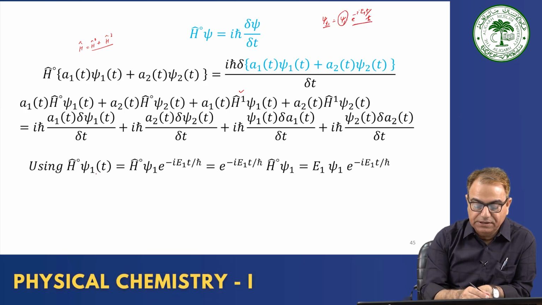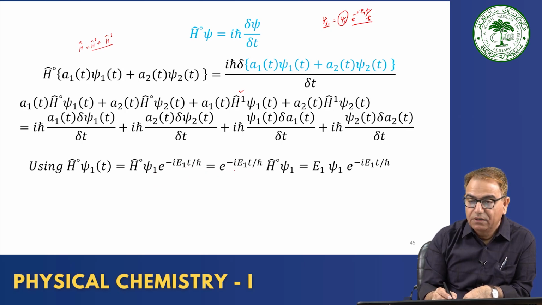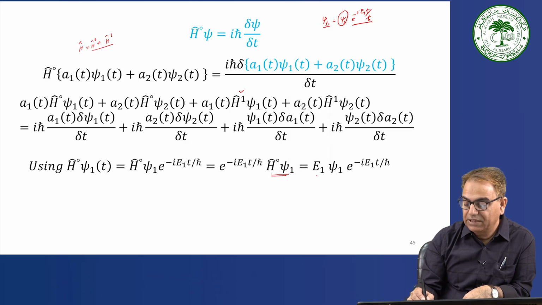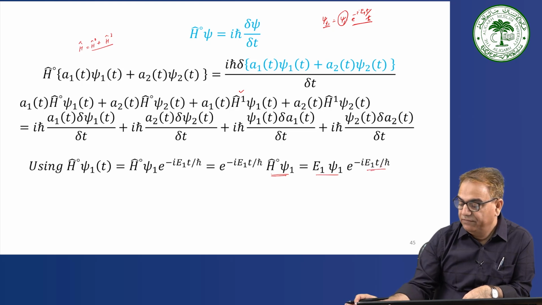So I have replaced psi 1(t); you can replace it by psi 1 exponential minus i E1 t by h cross, or you can write H0 psi 1, which will be equal to E1 psi 1. So it will be E1 psi 1 into exponential minus i E1 t by h cross. Okay, so no issue, we can do this one.